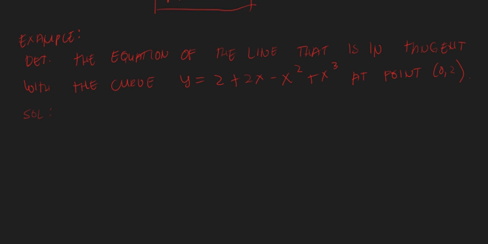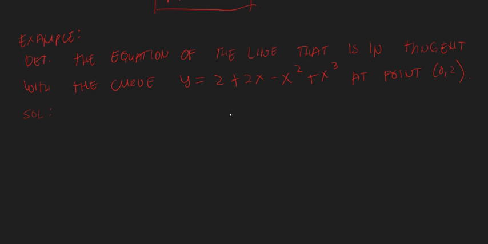The other given is the curve, which is tangent to that line. From that curve, we can get the slope, just like what we did in the previous example. If we can solve for the slope, then we have the point, so we can use the slope-intercept form or the point-slope form.